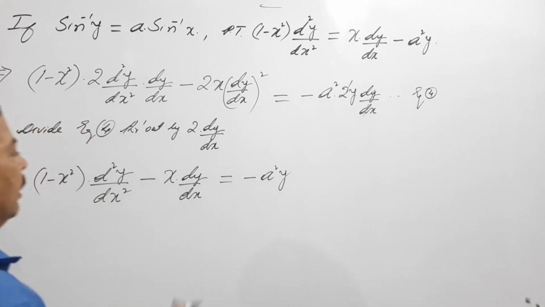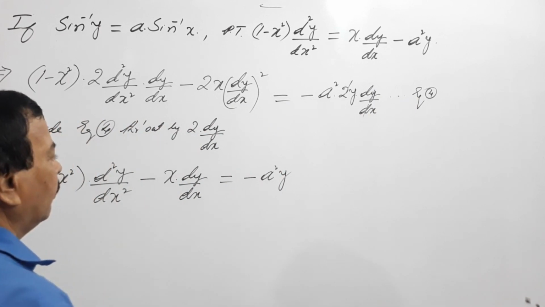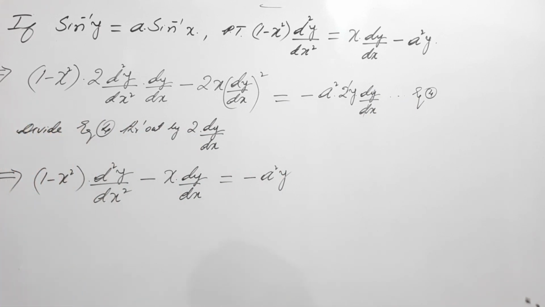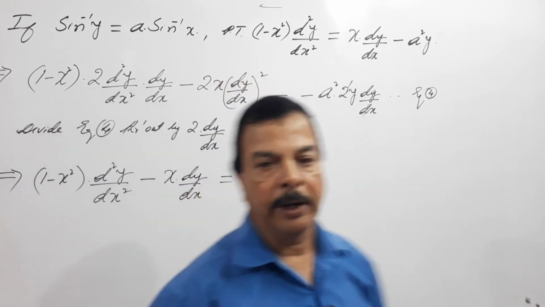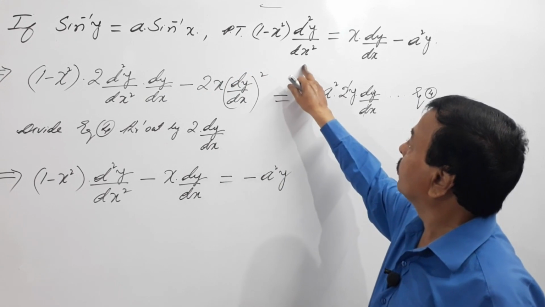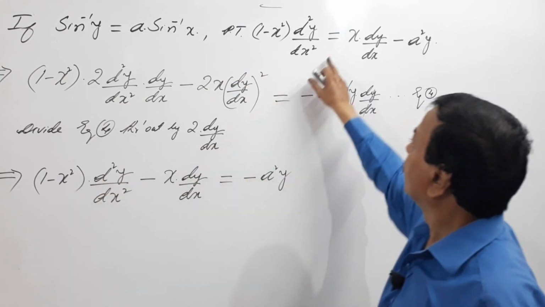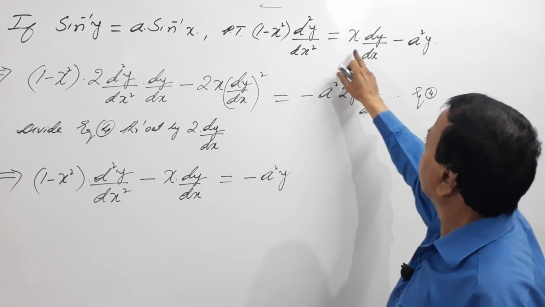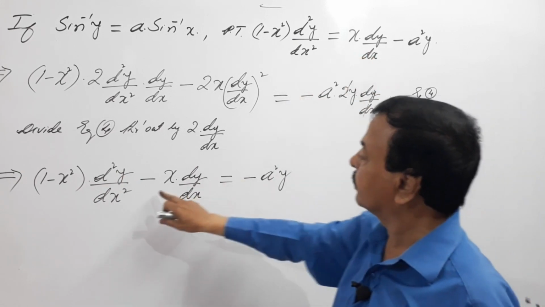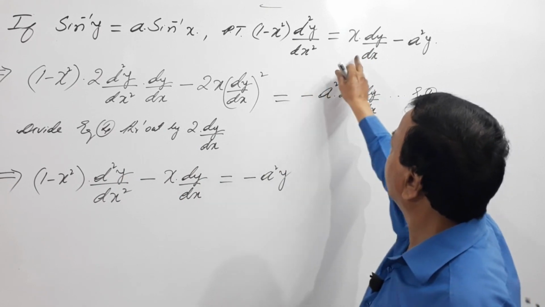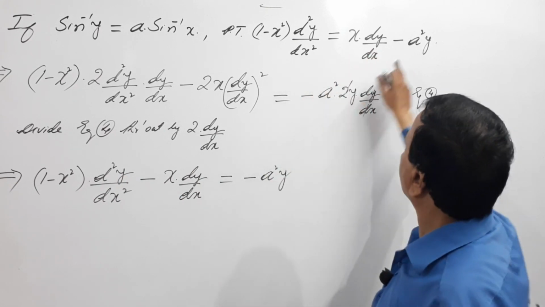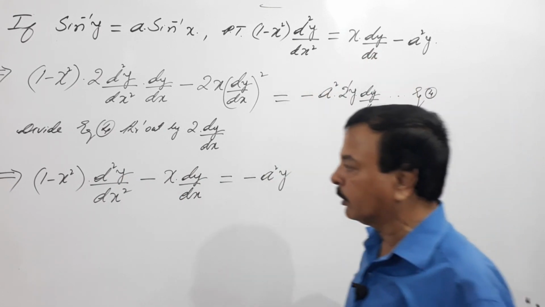So dear students, we are left with what? Now what he wants? He wants 1 minus x square into d square y by dx square equals to x plus dy by dx. That is x, if I send it here, it becomes plus x dy by dx minus a square y. So we got it.